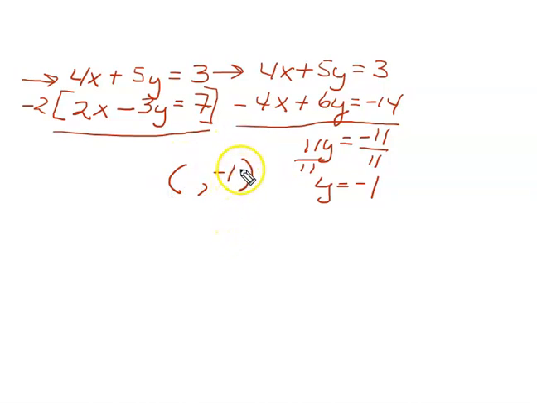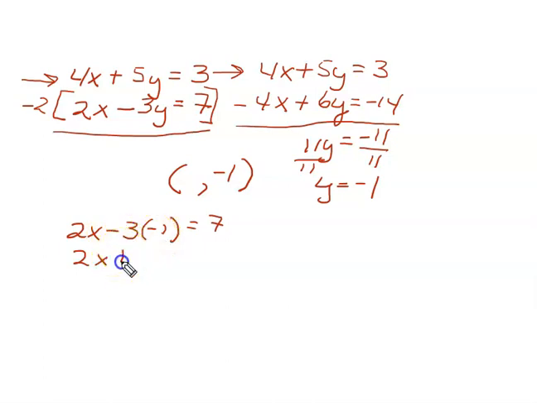Now, what I do is I take this negative 1 and put it in either of our original equations. So let's use the bottom one here. So this will be 2x minus 3. Now, what is our y value? We're going to put it in parentheses. Is a negative 1 equals 7. So this is 2x.